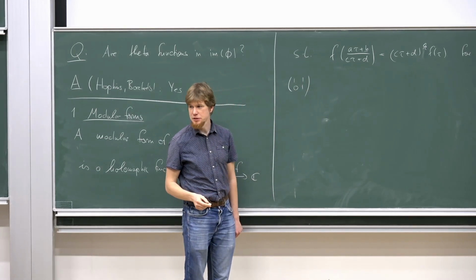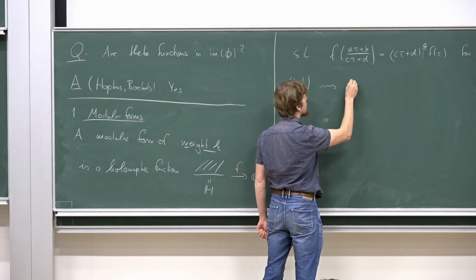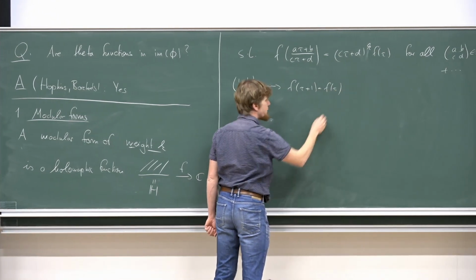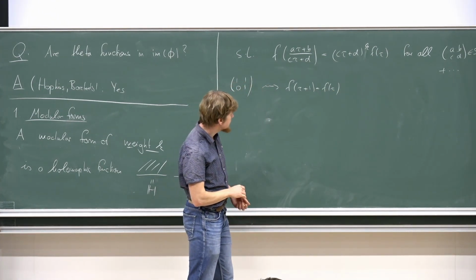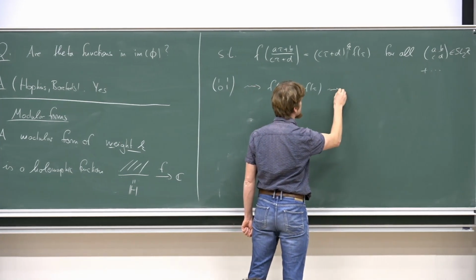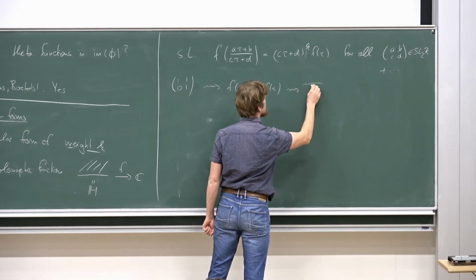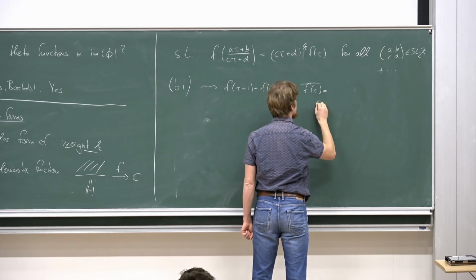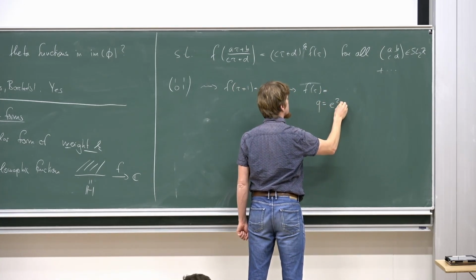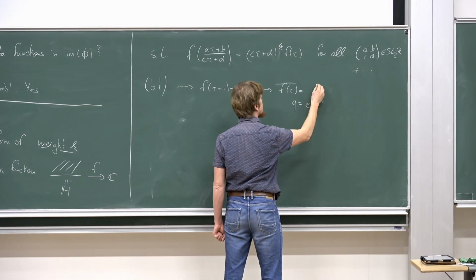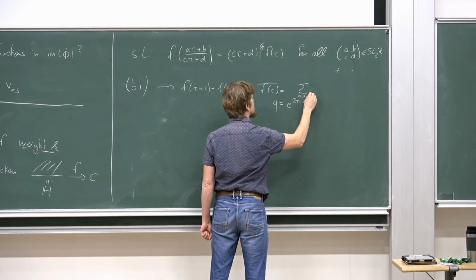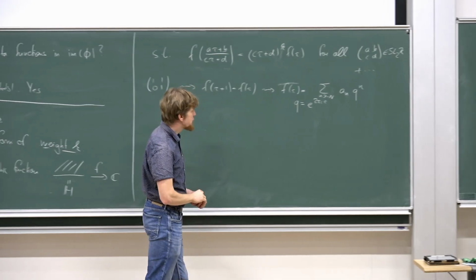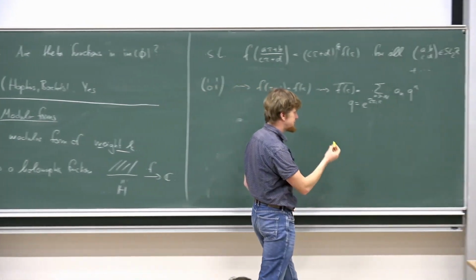This one's clearly in SL2(Z), and you will see that modular forms are 1-periodic, and this means there's something called a Fourier expansion, which says that f(τ) equals a sum, where I set q to be e^(2πiτ). We can write it like this, and this is called the q-expansion, for obvious reasons.